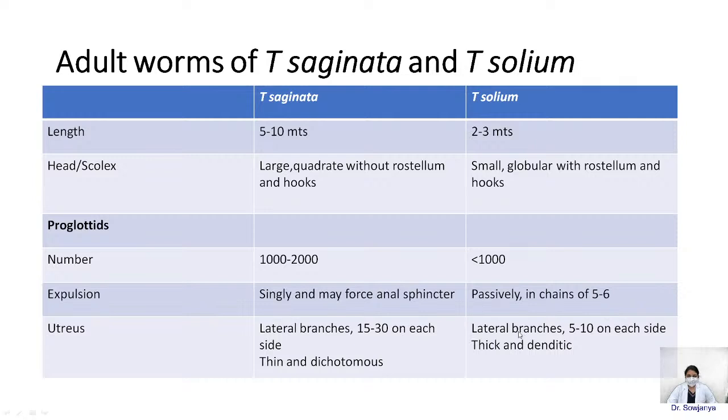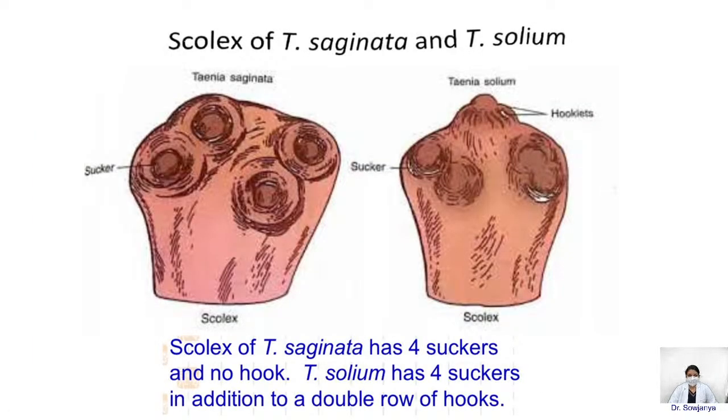They can also be differentiated based on the structure of the uterus. In saginata, the uterus has lateral branches, 15 to 30 on each side, thin and dichotomous. But in solium, there are lateral branches which are 5 to 10 on each side, fewer than in saginata, and they are thick and dendritic. So this is the head end, the scolex, of both species, saginata and solium.